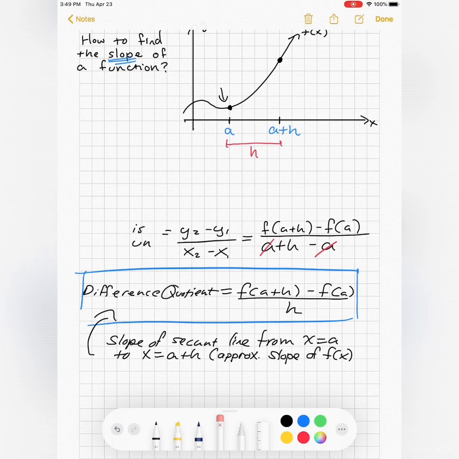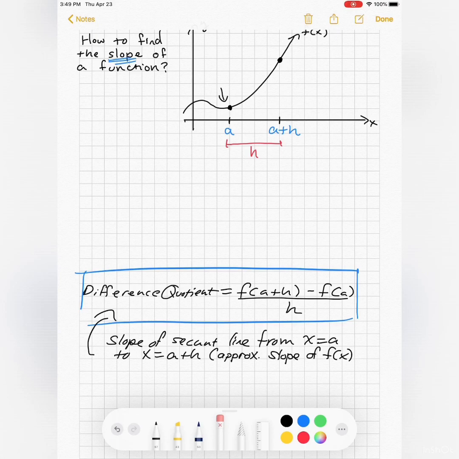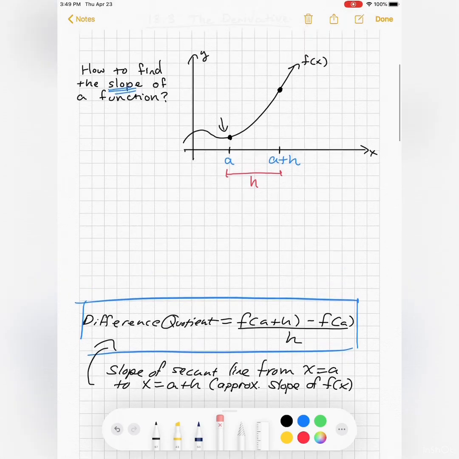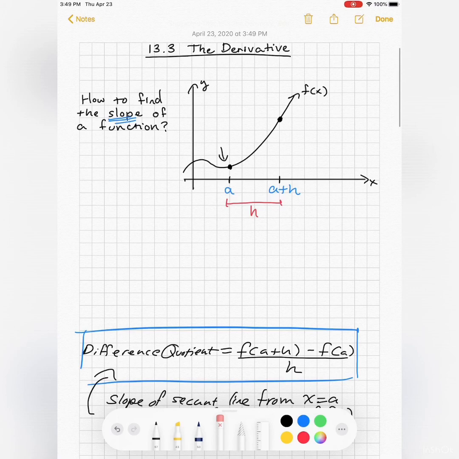Okay, so what I'm interested in now is, all right, well, the difference quotient is nice enough. That gives me an estimate of the slope of the function. But if you look at the picture here, the closer the second point is to the first point, the more and more accurate an estimate I'm going to get of the slope of the function at the point a itself.